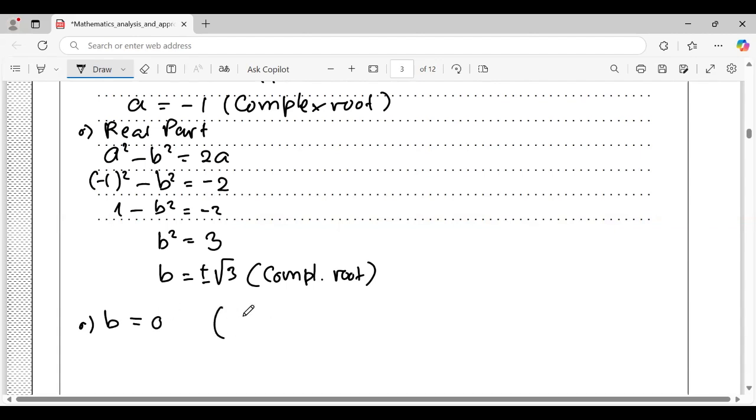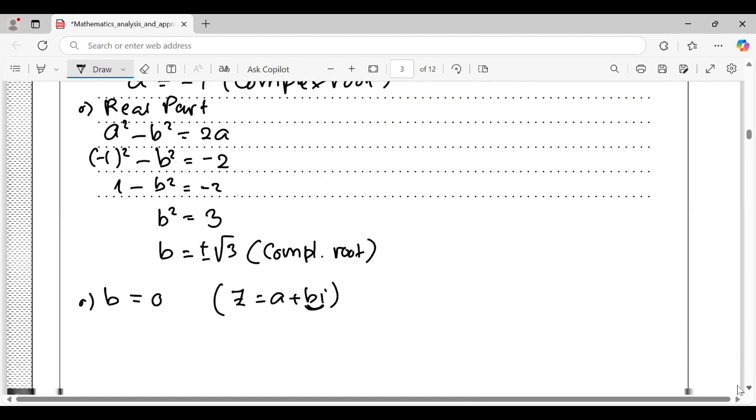Because c equals a plus pi, because if we are going to find a real number, we cannot involve b, because b is the coefficient of the imaginary part. So that's why b should be 0.